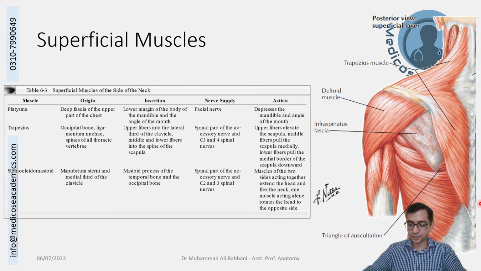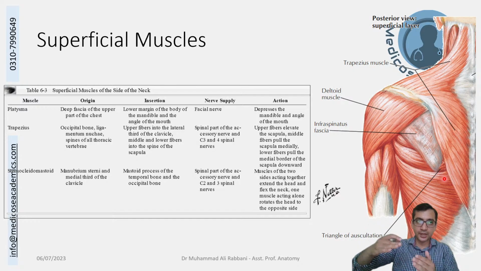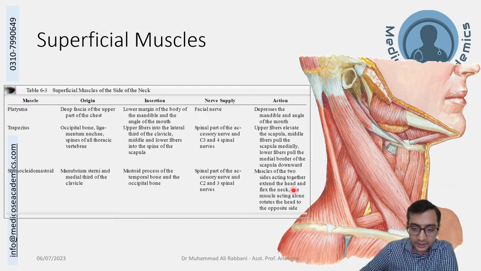So this is its origin, and it's a fan-like muscle, narrowing down, and it joins here at the back. It joins at the upper margin of the spine of the scapula. In the lateral end, it is joining the medial margin of the acromion process. From the front, it is joining the medial margin of the acromion and the posterior margin of the clavicle.